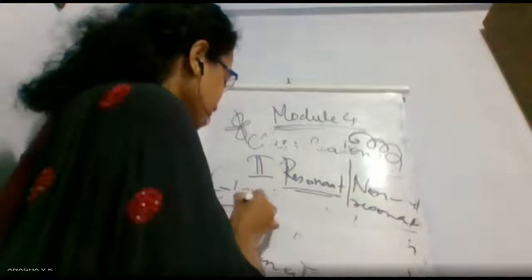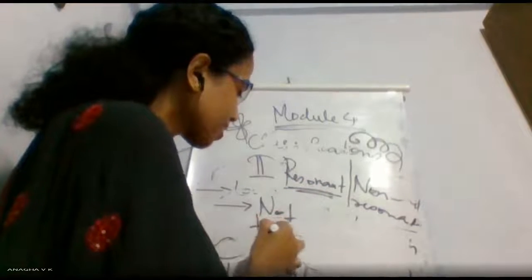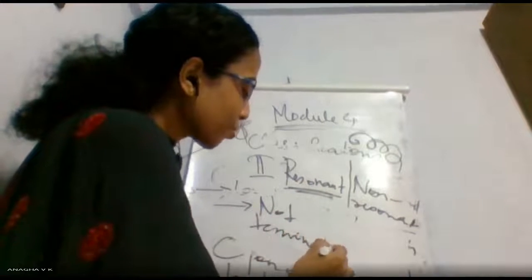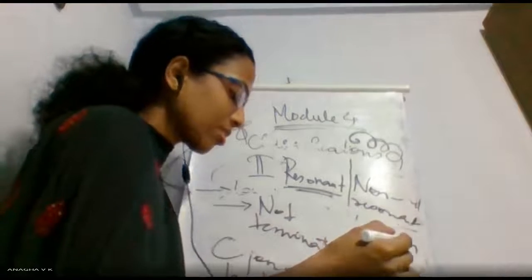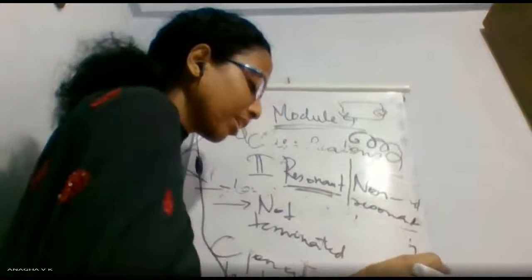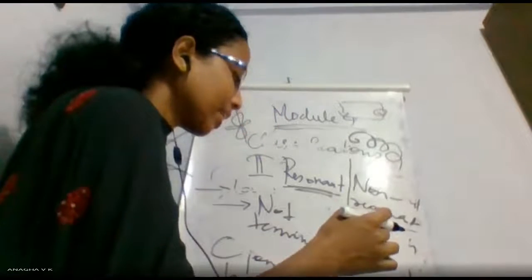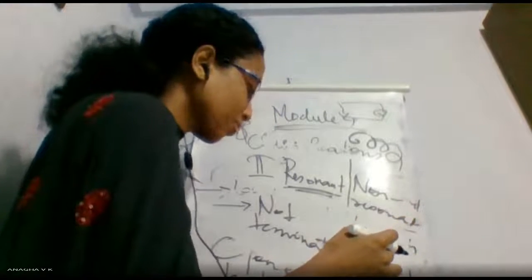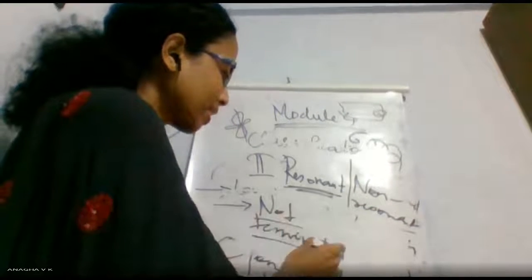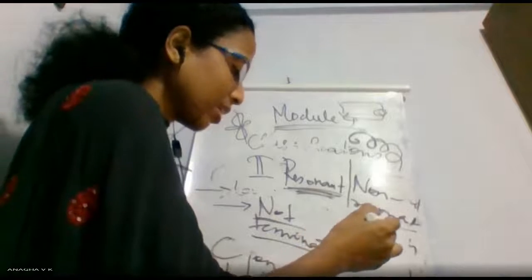Next, the resonant antenna is not terminated. You have already studied termination in characteristic impedance, perhaps in microwave. The other end is terminated in characteristic impedance. So resonant means not terminated.